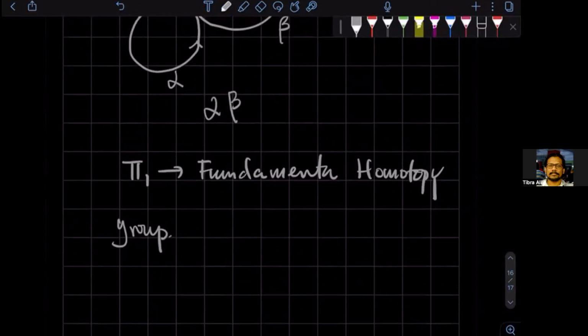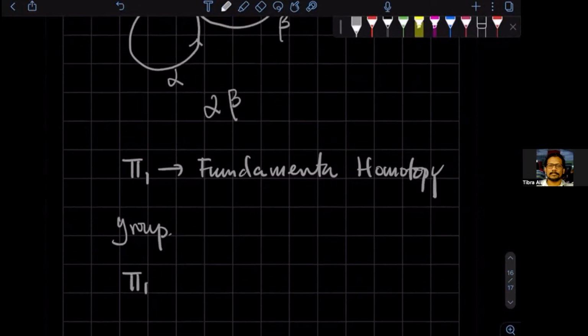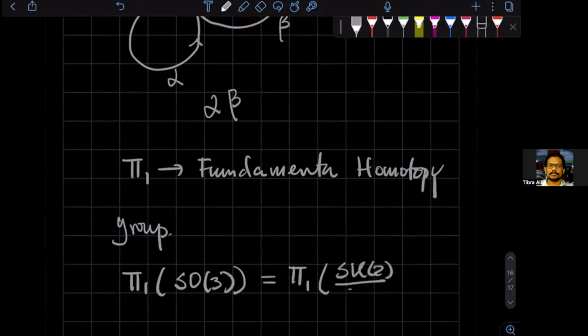And the pi1 of SO3 is equal to, of course, pi1 of SU2 over Z2.